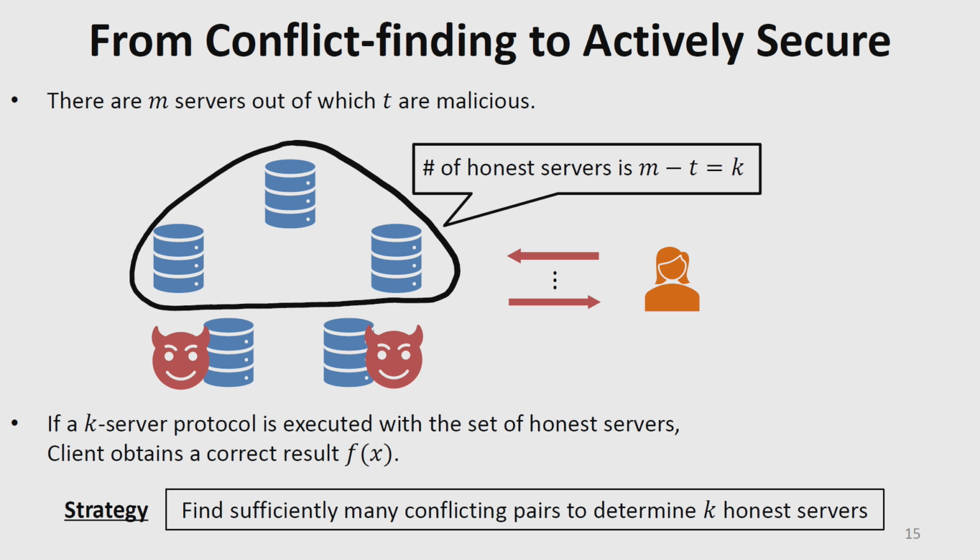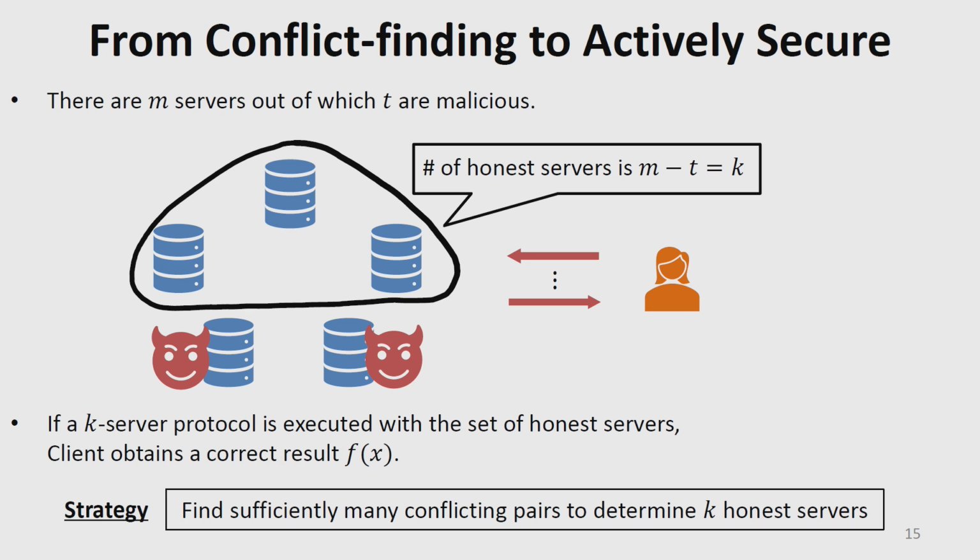Towards that, we suppose that there are M servers and T out of them are malicious. Then the number of honest servers is M minus T, which is equal to K. K is the number of servers in a given passively secure protocol. Ideally, if a client can find the set of all honest servers and executes a K-server protocol with them, then the client will obtain a correct result because responses are computed by honest servers.